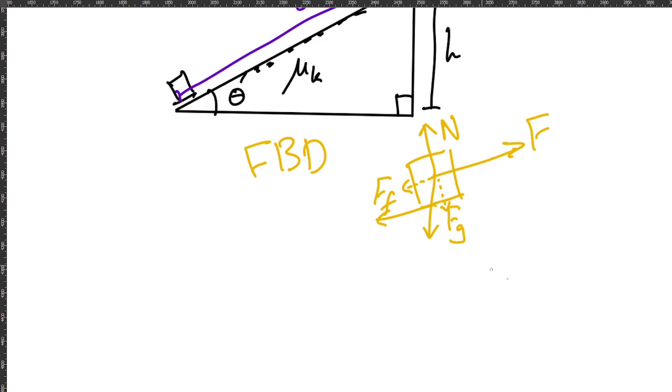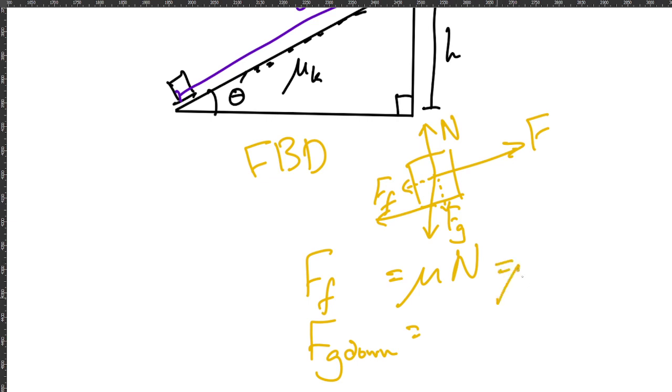So we now have two forces pointing in the opposite direction of the applied force: the frictional force, and the gravitational component down the incline. The frictional force is equal to mu times N, which is mu k mg cosine theta, and the component down the incline is equal to mg sine theta.